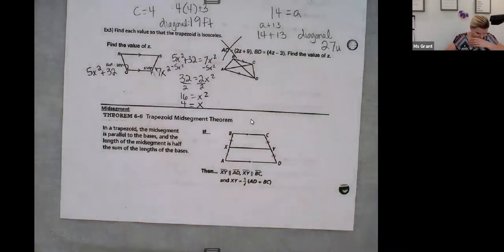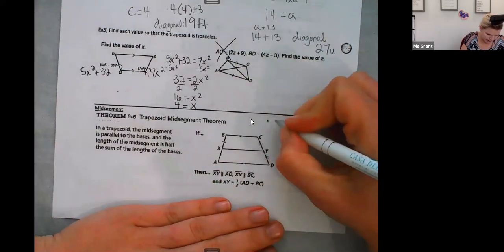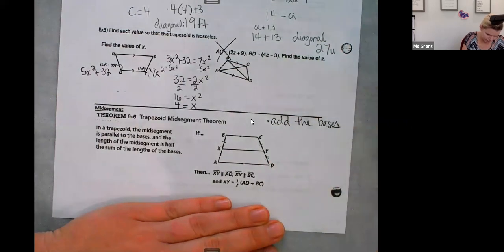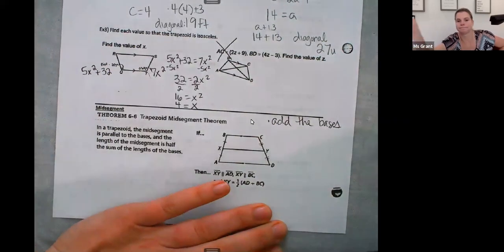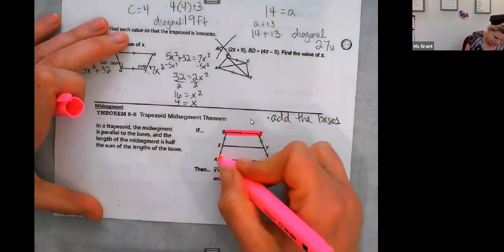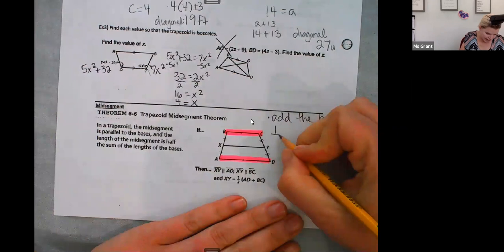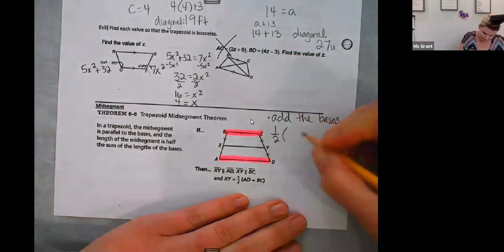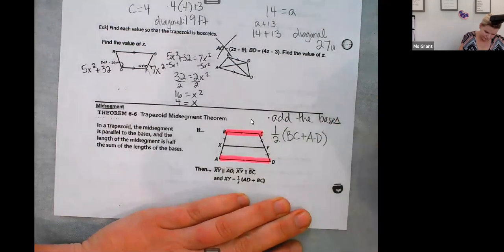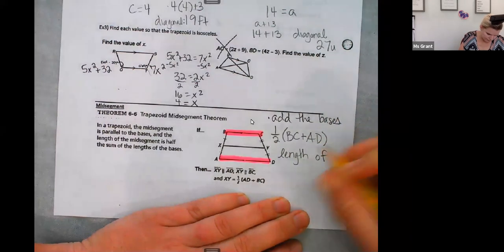All right. Mid-segment theorem. Here's the deal. Add the bases. Here's a base. And here's a base. So it's like half of BC plus AD is the length of the mid-segment.